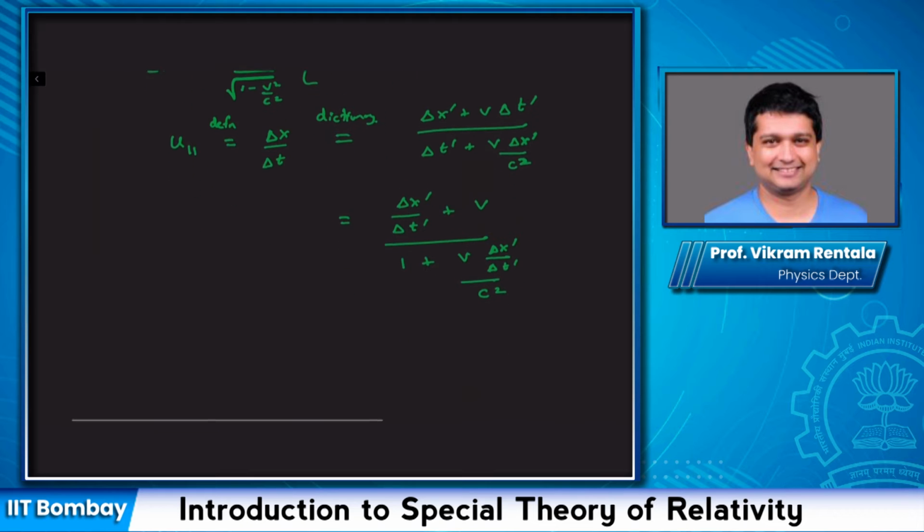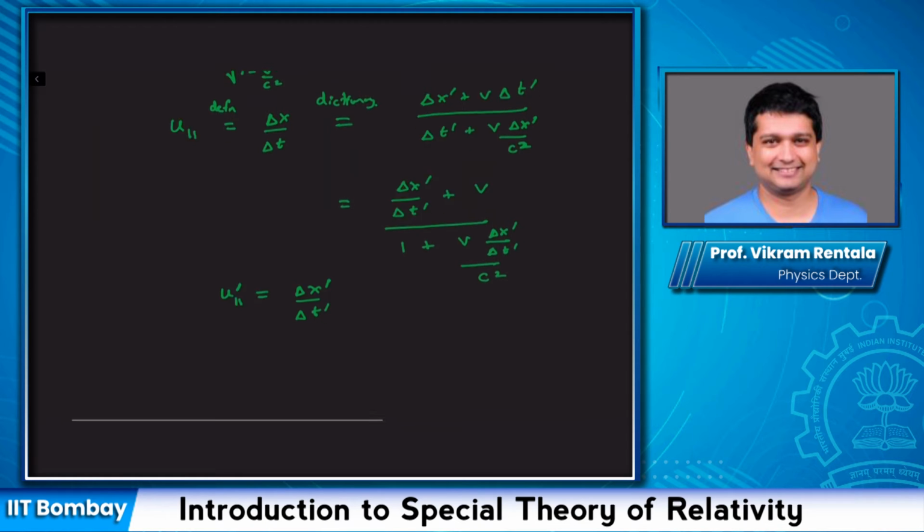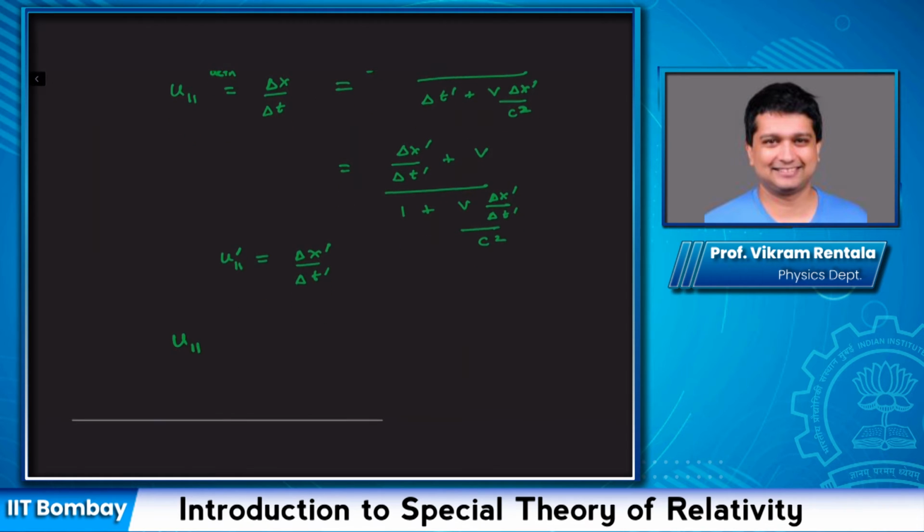And finally, we can use the fact that by definition u parallel prime was delta x prime by delta t prime. So we can finally write our dictionary.